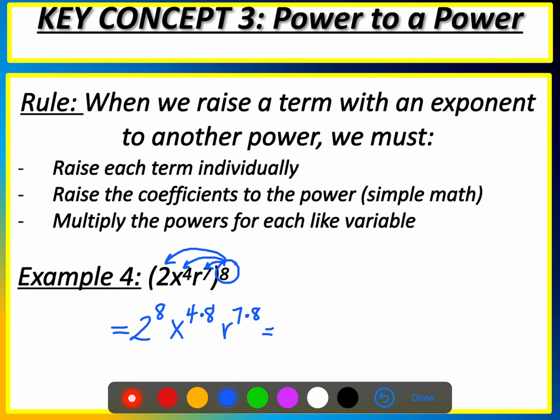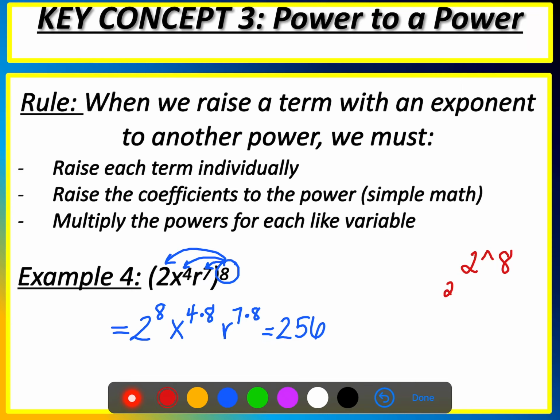In order to solve this, we're now just going to evaluate. We don't want to leave it like this. So we're going to do 2 to the 8th. In your calculator, just as a note, you're using that little caret button in order to evaluate. So that equals 256.